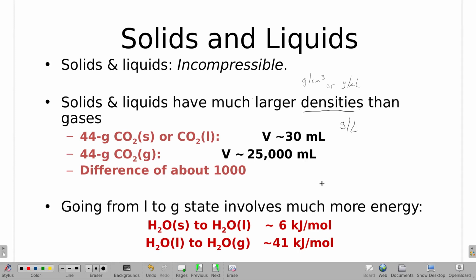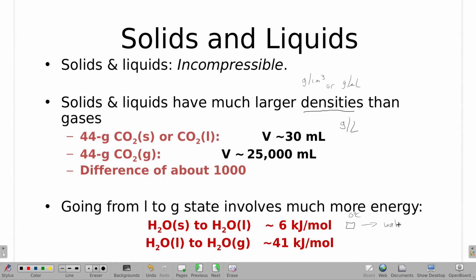Okay, and the other weird thing that we see going on here with solids and liquids is when we go through a phase change, it turns out to get a liquid to a gas always requires more energy than going from a solid to a liquid. We have water down here. What I'm talking about is the energy needing to put into an ice cube to turn it into water. So ice cubes exist at 0 degrees Celsius.